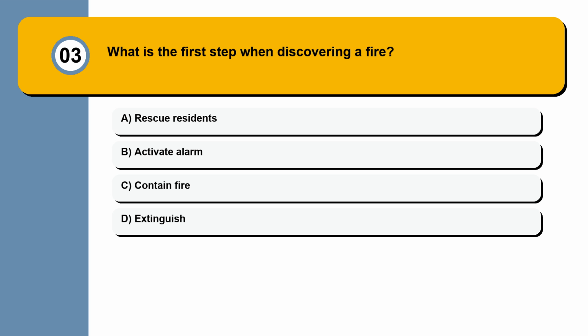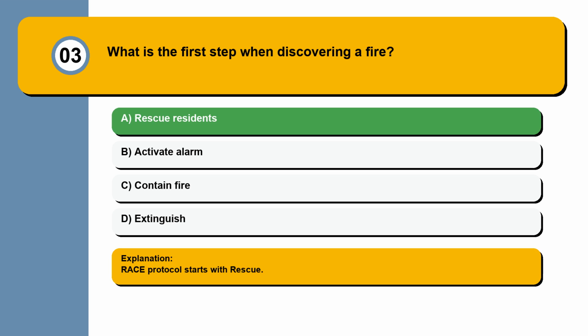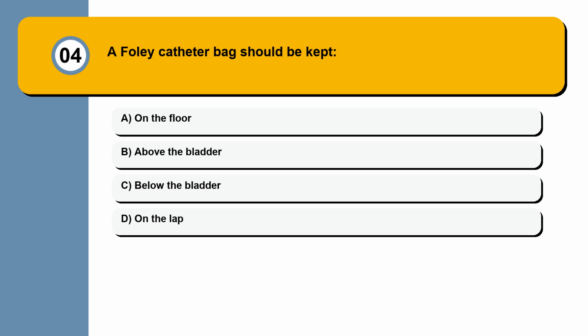Question 3. What is the first step when discovering a fire? Rescue residents, activate alarm, contain fire, extinguish. RACE protocol starts with rescue. Question 4. A Foley catheter bag should be kept on the floor, above the bladder, below the bladder, on the lap.